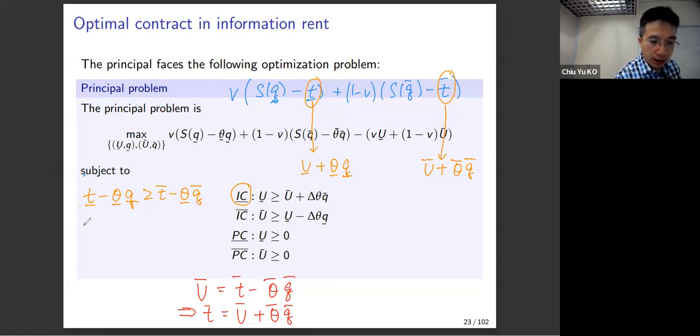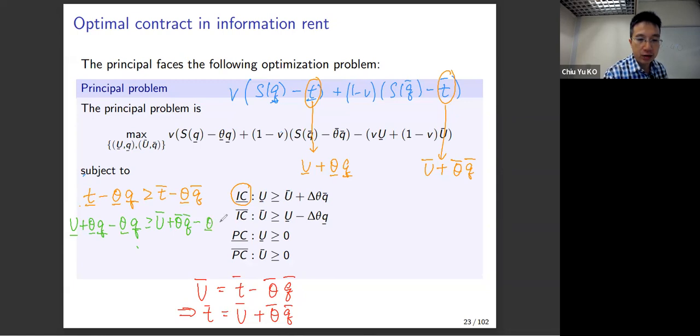It is U lower bar plus theta lower bar Q lower bar minus theta lower bar Q lower bar, right? And this upper bar is U upper bar plus theta upper bar Q upper bar minus theta.